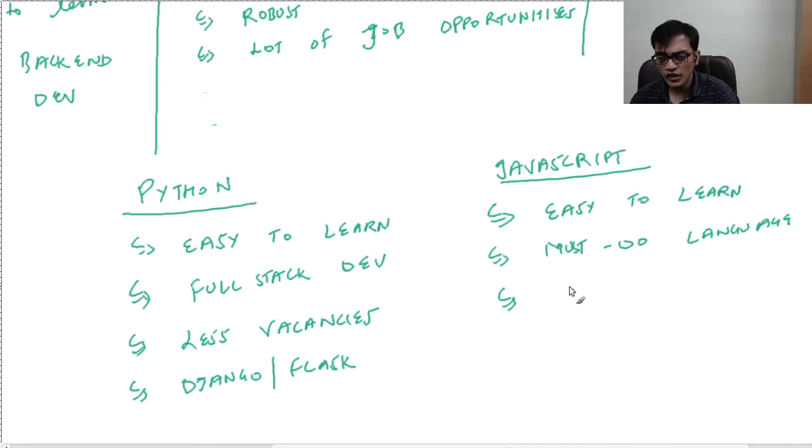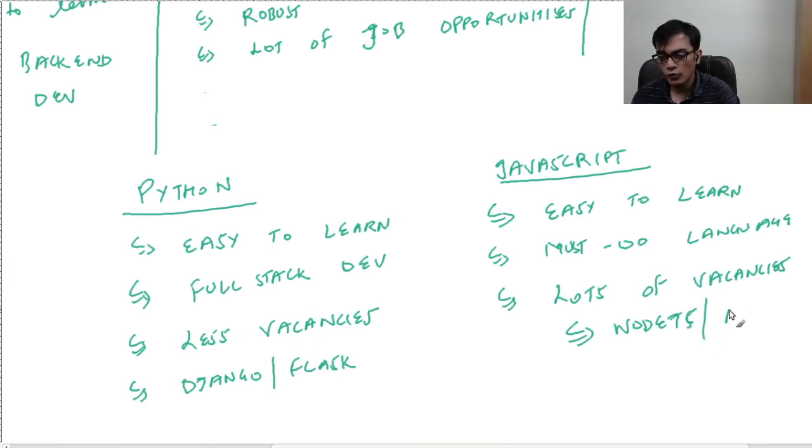Another advantage of JavaScript is that it has lots and lots of vacancies. Lots of vacancies means JavaScript has different frameworks. It has Node.js for backend development.